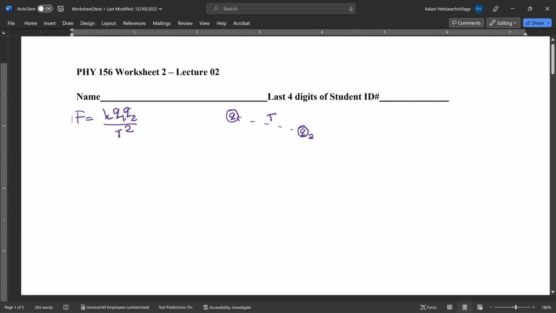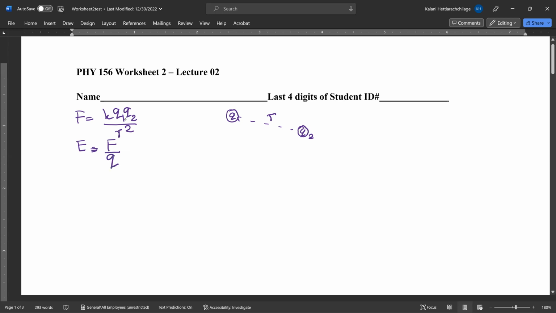But after we discuss the force, we're going to move into the electric field, because the electric field is something that charges can feel because of the surrounding particles, right? So for the electric field, we use the letter E. It is also a vector, defined as force per unit charge.